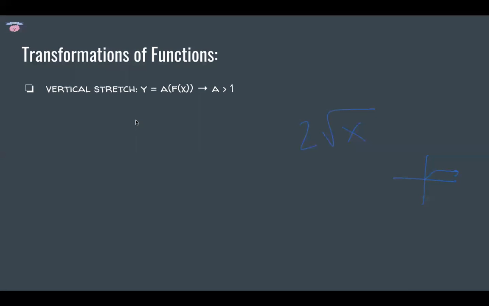I'll keep this here as we talk about this. Vertical shrink, let's just say it was one half times root x. Then this would be a shrink vertically.